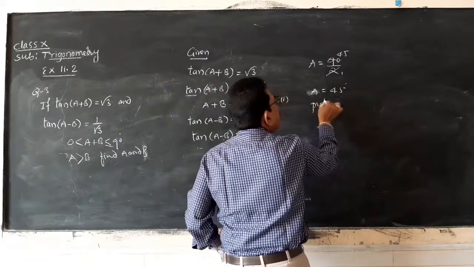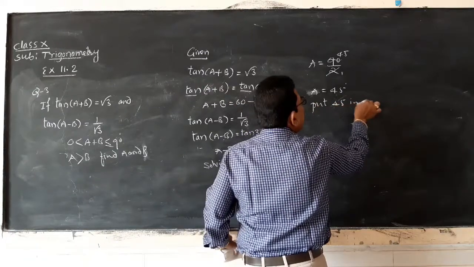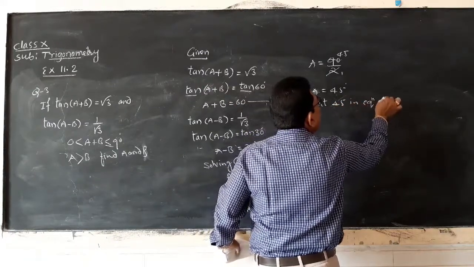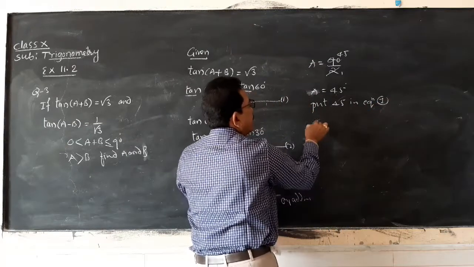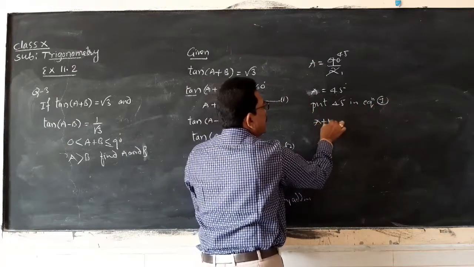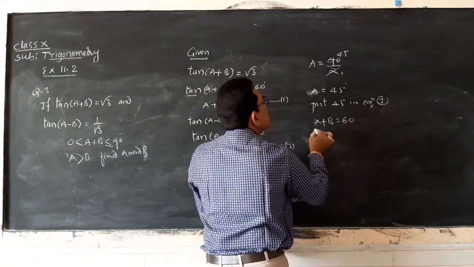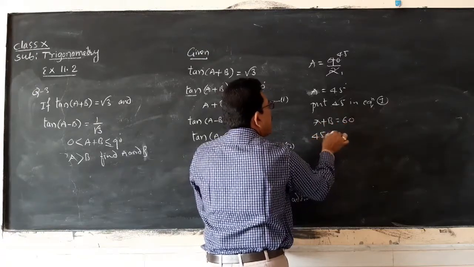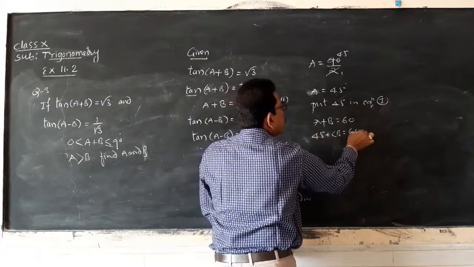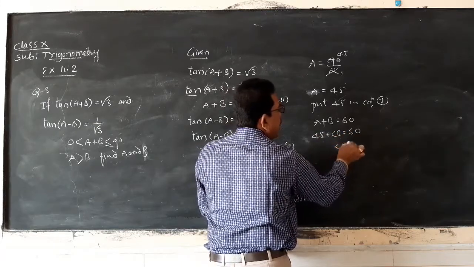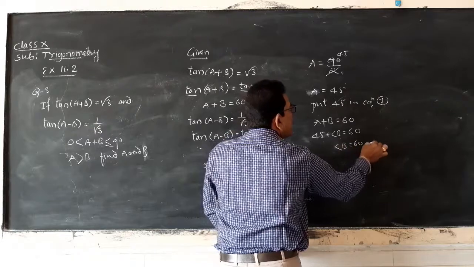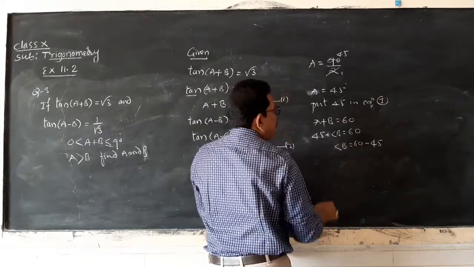Put a equals 45 in equation 1. That is a plus b equals 60 degrees. Here a is 45, so angle b equals 60 minus 45.